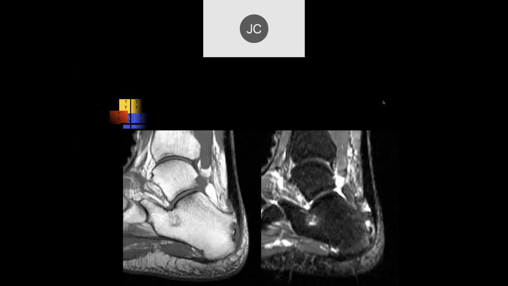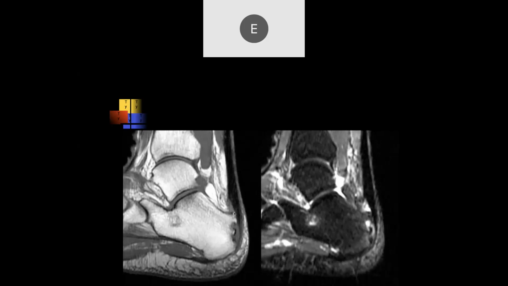Okay, Elior. Right. So here, looking at that distal insertion of the Achilles, it looks like there's some erosive change in that posterior calcaneus.